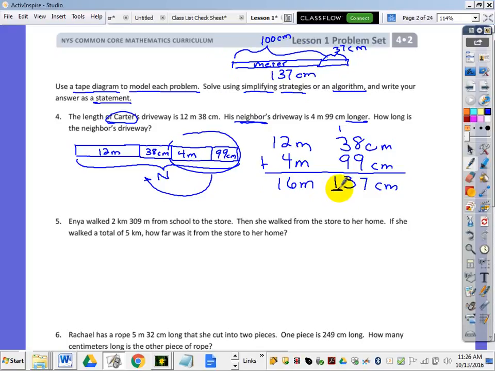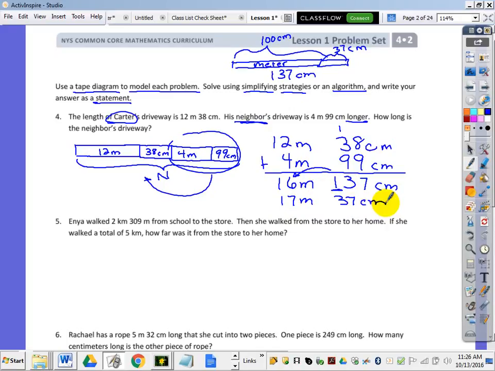Wouldn't you feel bummed out too? How many people see that happening? So this can go over and live with these guys, becoming 17 meters with 37 centimeters left over.